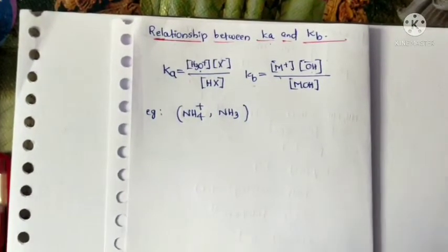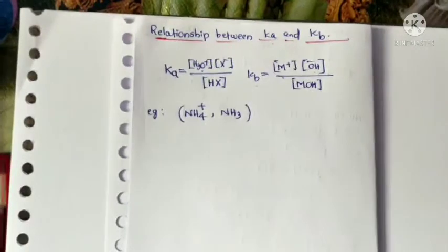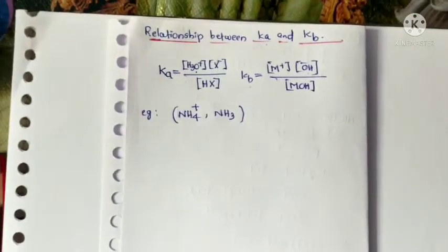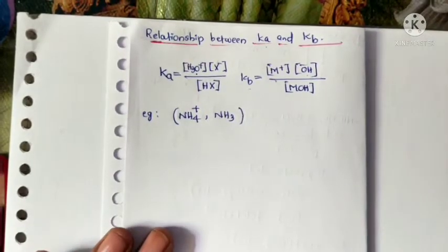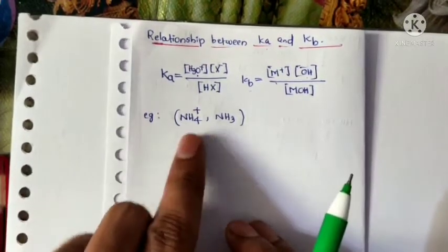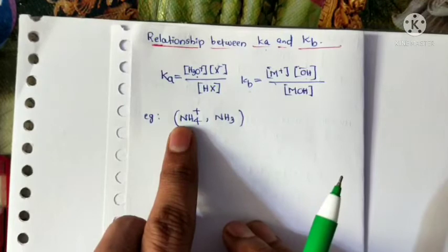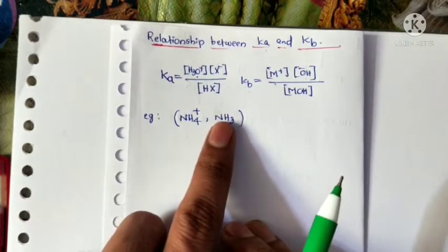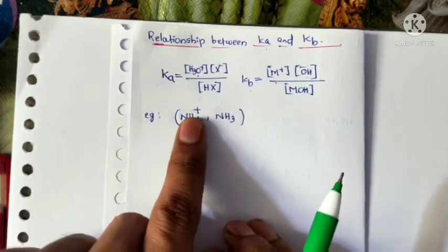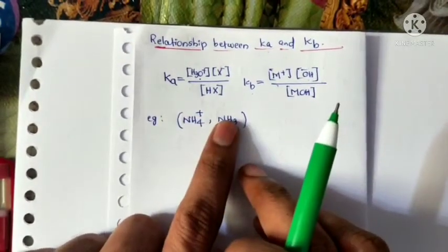What is the definition of a conjugate acid base pair? A pair that differs only by one proton. Here only one proton differs between the two species.